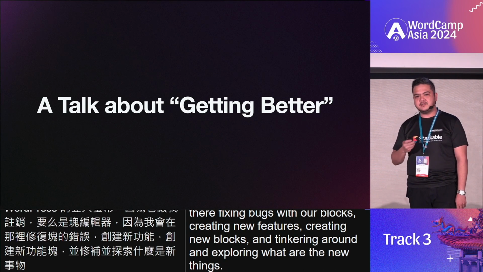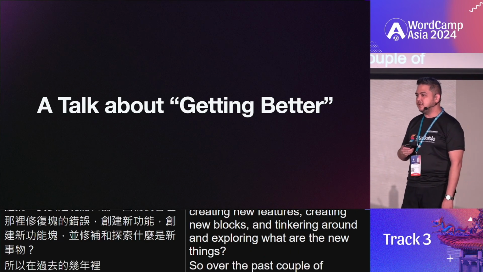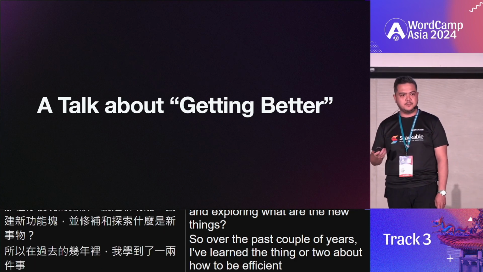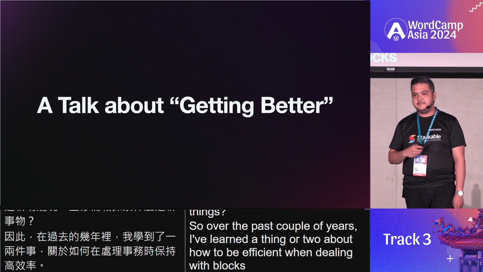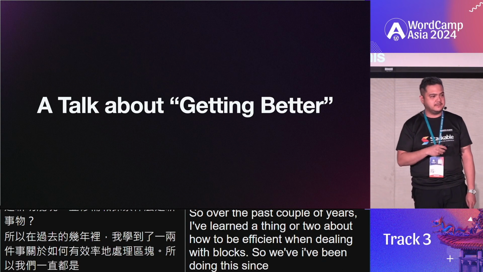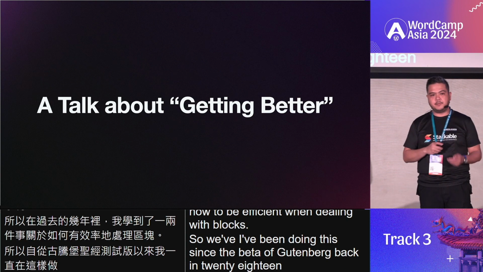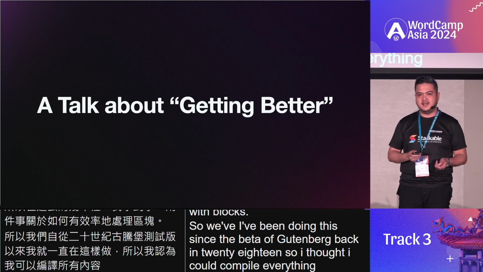So over the past couple of years, I've learned a thing or two about how to be efficient when dealing with blocks. I've been doing this since the beta of Gutenberg back in 2018, so I thought I could compile everything that I have learned and share it with you.